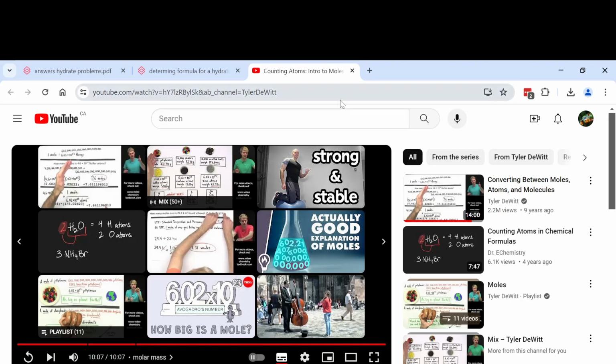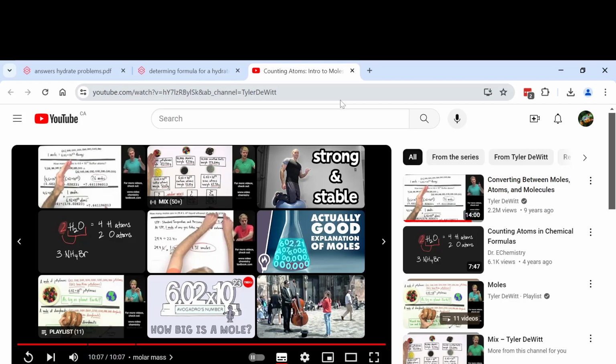Now, you now know what the molar mass is, okay? The unit of molar mass is grams per mole. Okay?